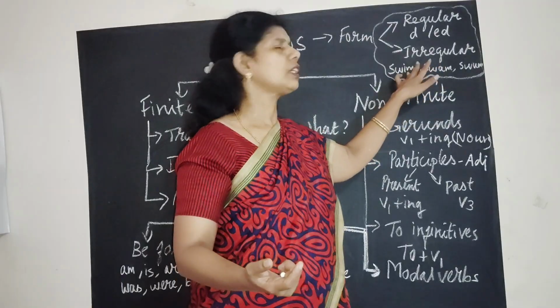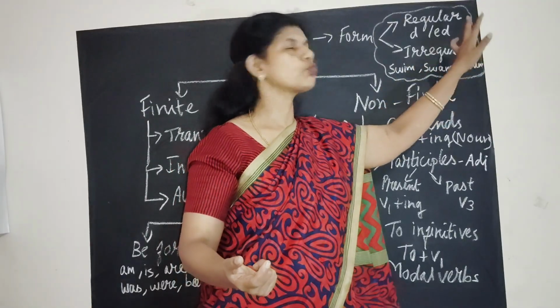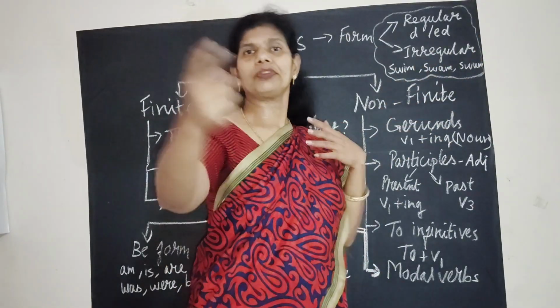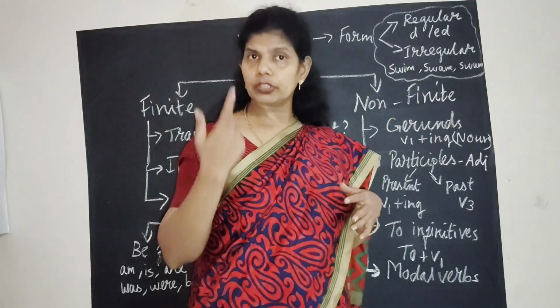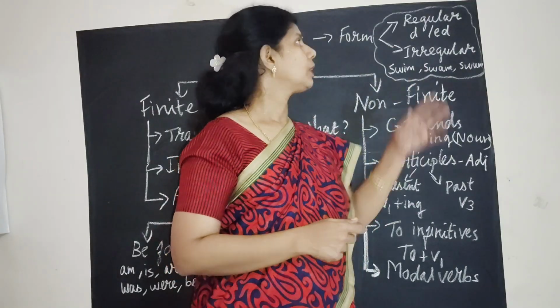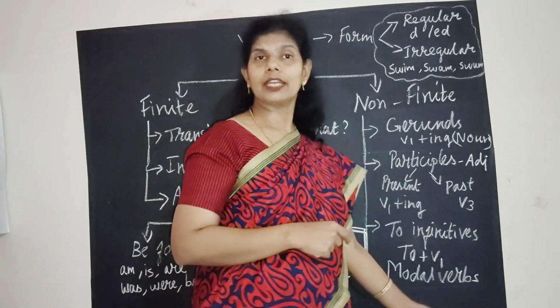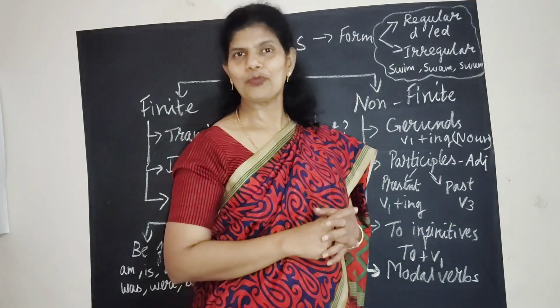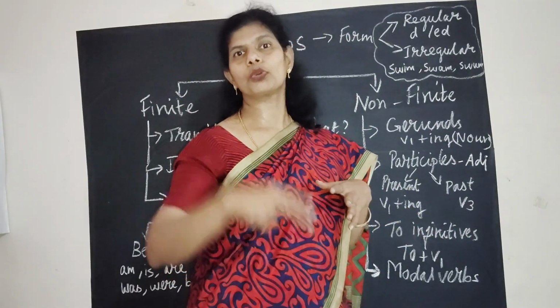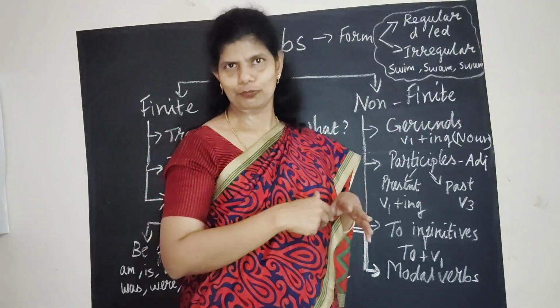Okay, like I have given an example, swim, swam, swum. There are so many of them. So there are 2 kinds of verb forms, the regular and the irregular one. Now this broken that I used here is an irregular verb form. Break, broke, broken, irregular verb form.